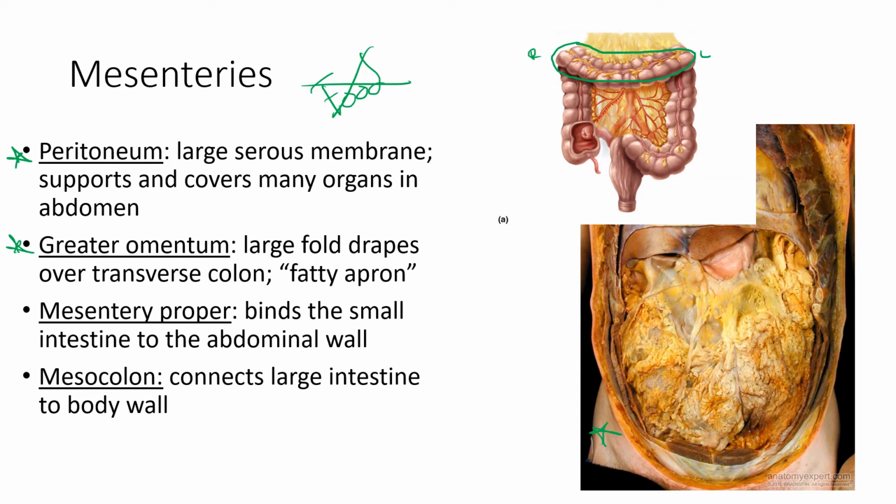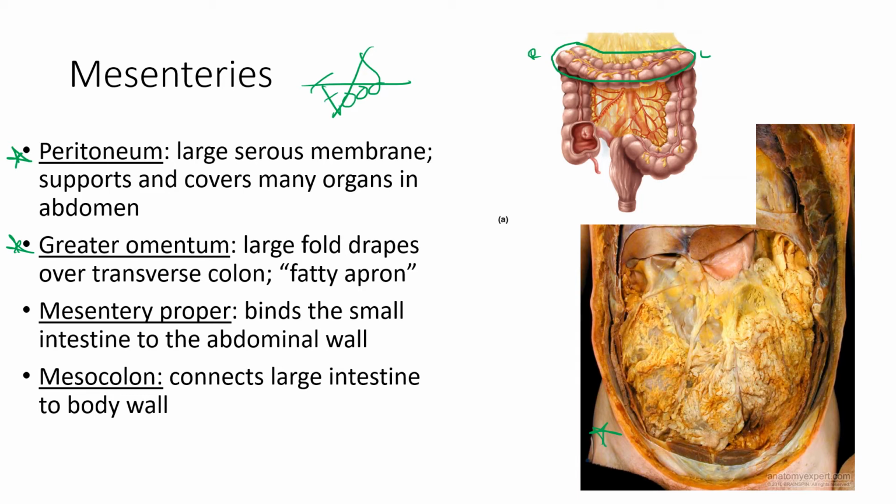One of the things that's interesting about the greater omentum, if you have a gentleman in your life, maybe a dad or grandpa, an uncle, significant other, and they have one of those little beer bellies, that is their greater omentum becoming very fatty and thick. So that is what causes a beer belly in men, is this greater omentum.